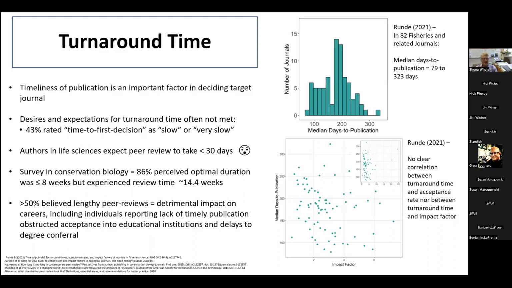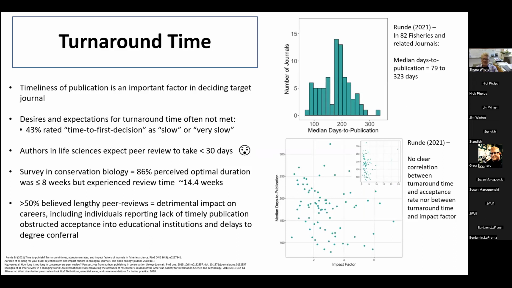The turnaround time. So this publication in 2021 was interesting. It looked at 82 fisheries and related journals. And the outcome of this was that timeliness of publication was an important factor in deciding what journal researchers were submitting their articles to.